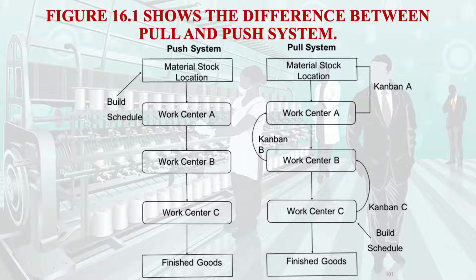Before going into detail, I would like to explain that there are two types of systems of inventory management. One is the push system, and the other is the pull system.